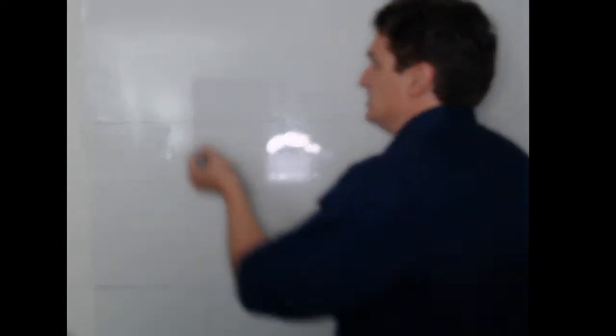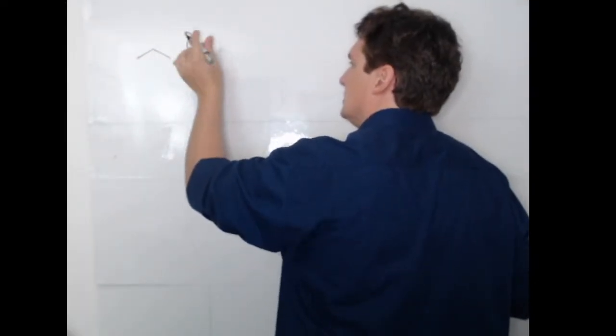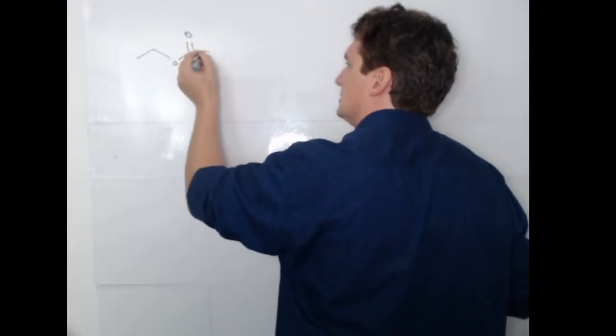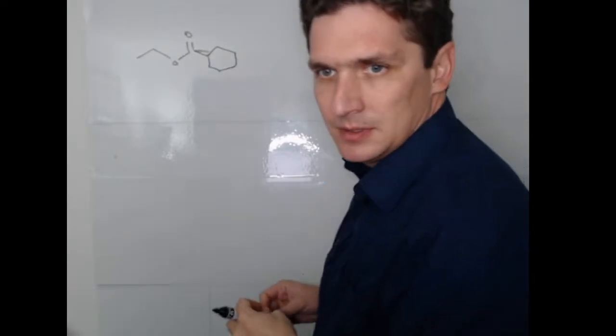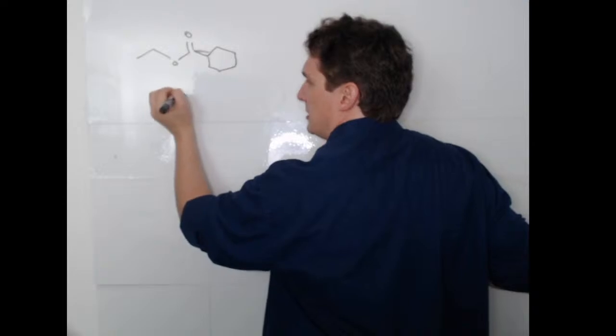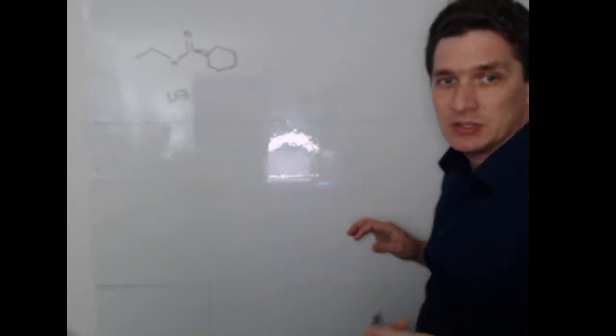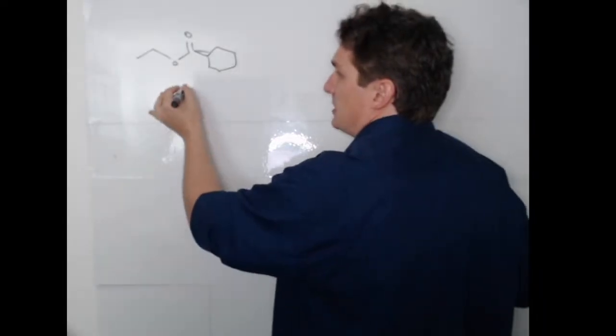So the ester is going to proceed in two steps. I'll draw the thing out. Again, instead of looking at the big lithium aluminum hydride molecule, let's just treat it as a hydride source. First step is the hydride is going to attack the most positive carbon.